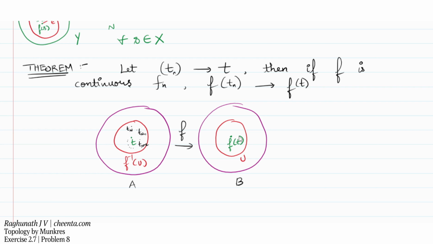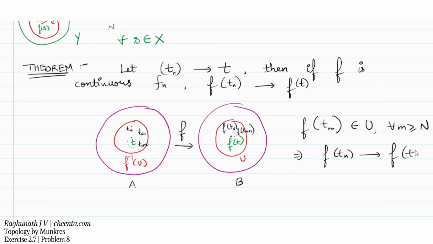And that would imply that f of tn and f of tn plus 1 and so on are all inside U. So I can say that f of tm belongs to U for all m greater than or equal to N. And that's why I can say that f of tn converges to f of t.